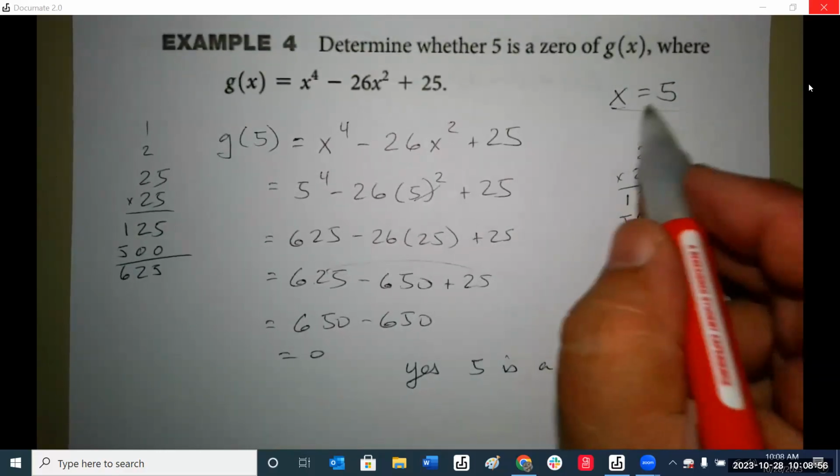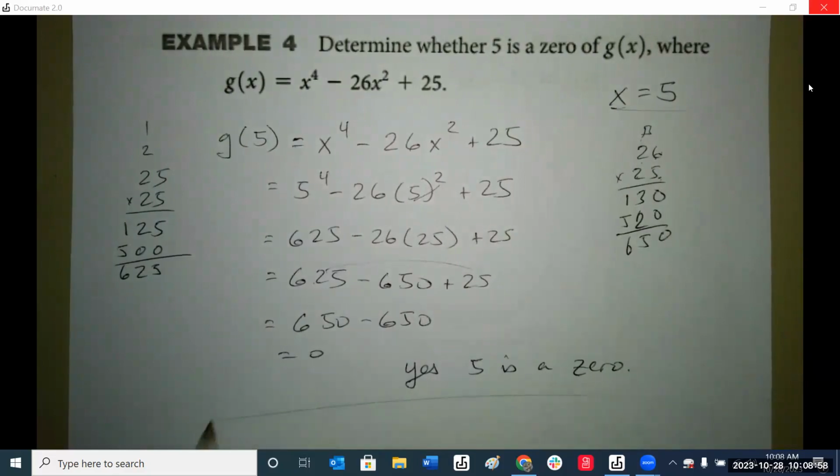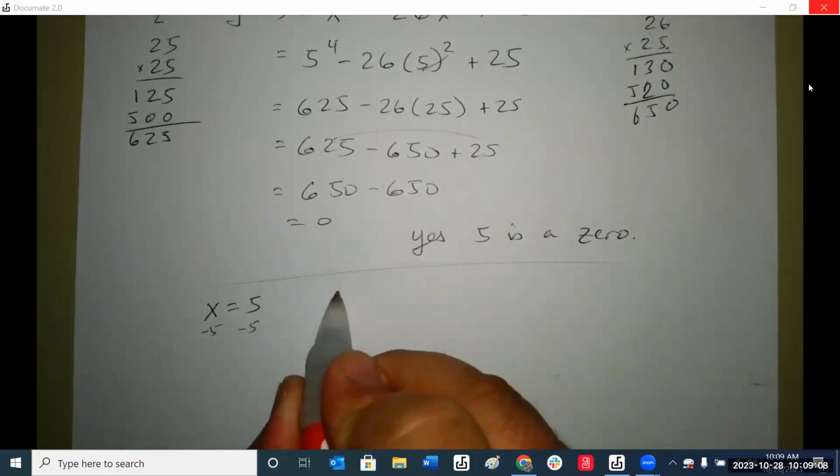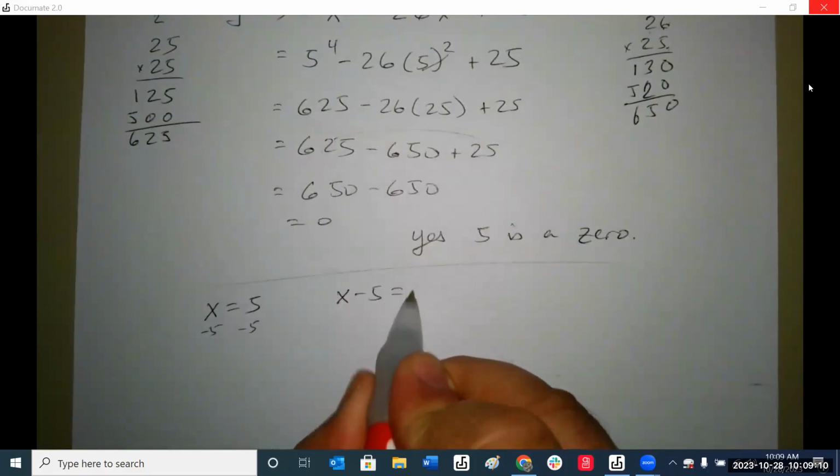So with the same equation, another way we could have done it, since we said x equals 5 is a 0, if we make this equal to 0, we got x minus 5 equals 0.